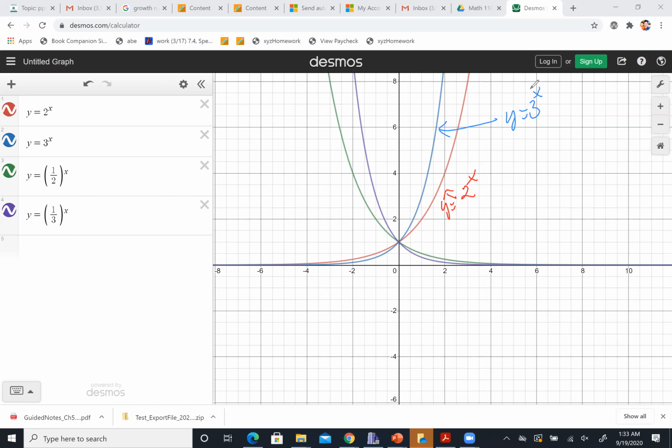All right. For the green one, green is (1/2)^x, right? And the purple here is y equal to (1/3)^x.